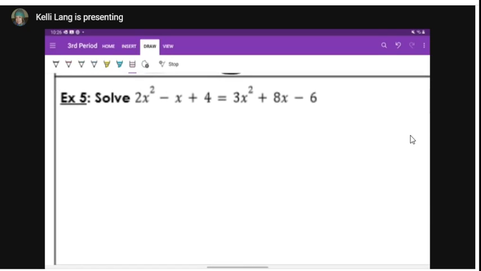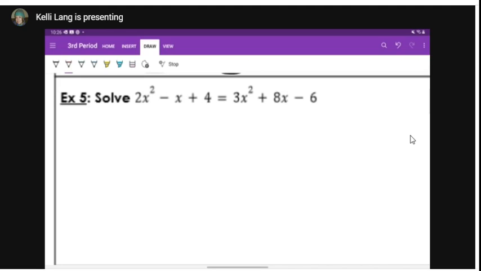All right, so that leads us into example 5. In example 5, we need to put this into standard form equals 0. So I'm going to have to either move all of the stuff that's on the left by undoing it, or moving all the stuff that's on the right by undoing it. Which side should we undo?